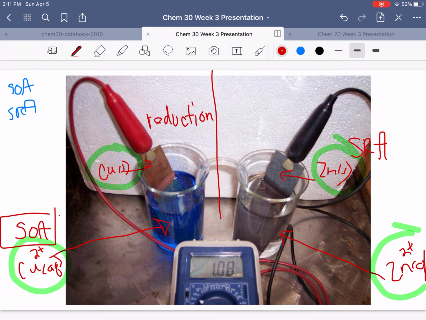Vice versa, zinc, the strongest reducing agent, is always undergoing oxidation. This just gave us the ability to label our electrodes. Reduction happens always at the cathode. My copper metal is my cathode. Oxidation always happens at the anode. Therefore, my zinc metal is my anode.